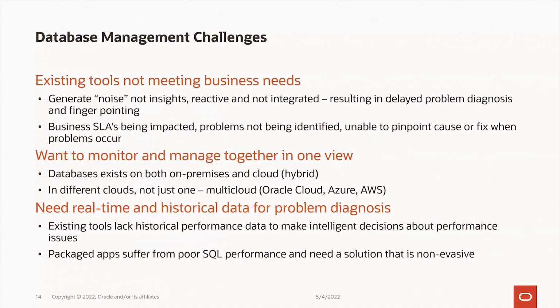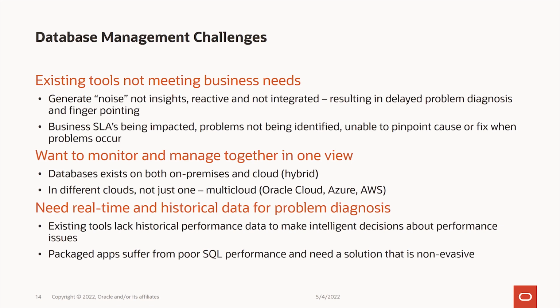So our look at database management operations tells us that many companies are managing on-premise environments with one set of tools and practices and cloud environments in a completely different way, creating operations and data silos, which are inefficient and error-prone.